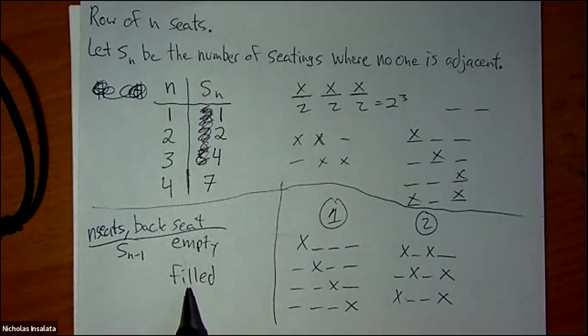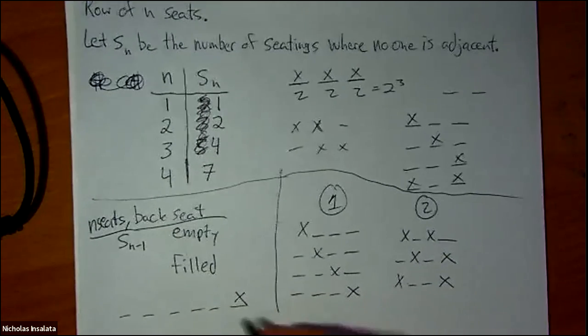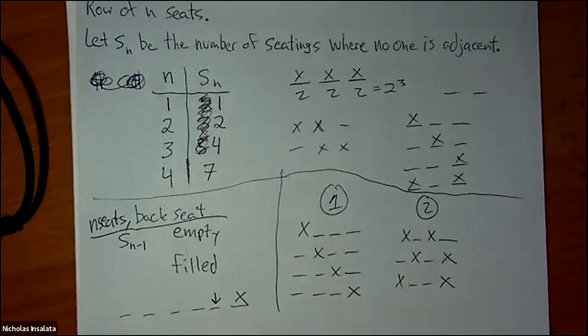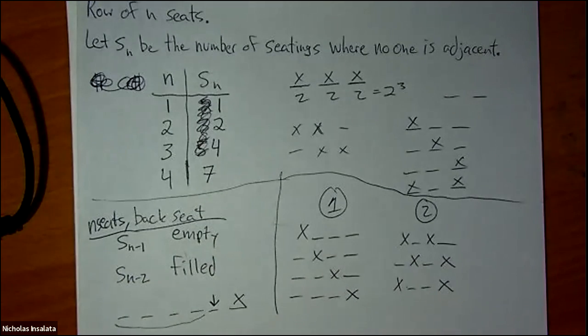Okay, what if the back seat is filled? Then what would we need to do? So we have a bunch of seats, right? The back one is filled, right? Then this one has to be empty, which means these ones are the ones remaining that we get to mess with, which would be s sub n minus 2. That's almost right. What else might happen besides just doing all the arrangements of these which have students in them?